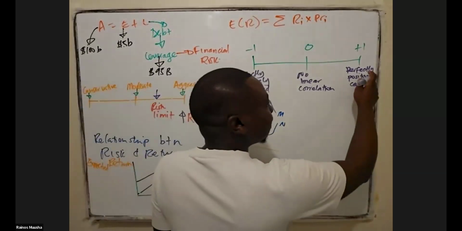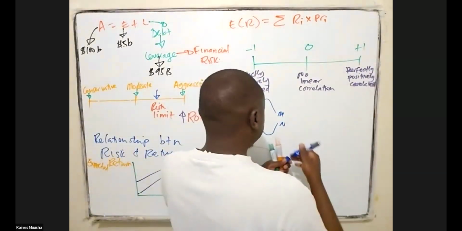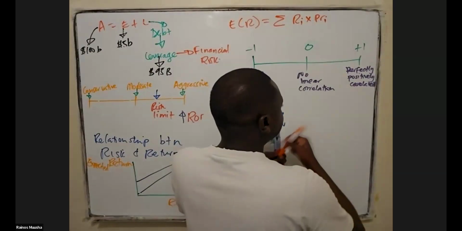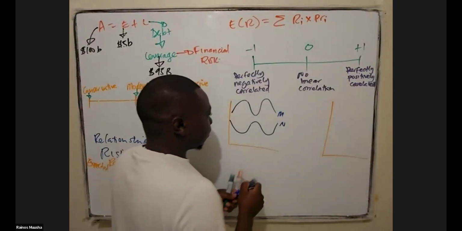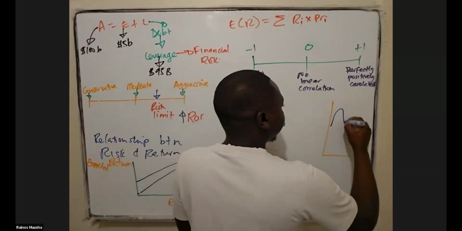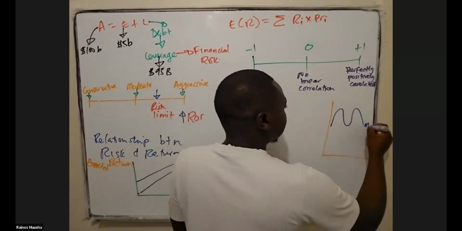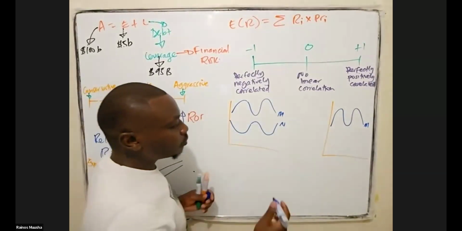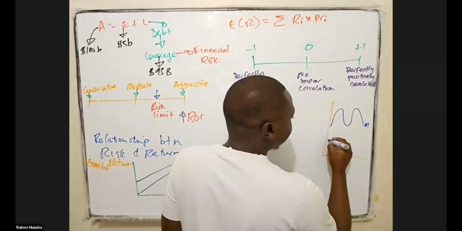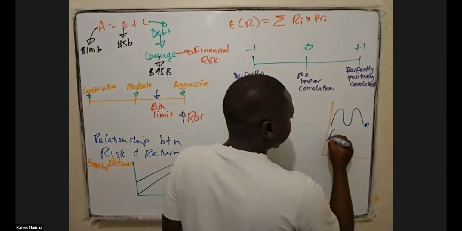Then when the variables are perfectly positively correlated, remember we said M is going in this direction. When they are perfectly positively correlated, we are also saying that when M is going up, N is going up.